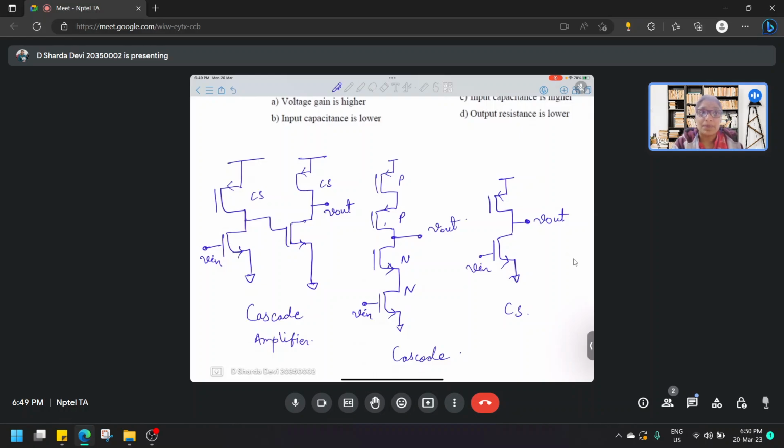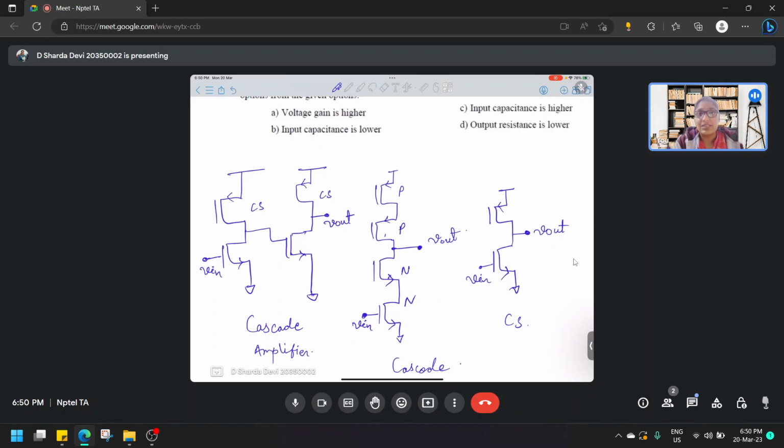What do we mean by Miller capacitor? A capacitor that is connected between input and output node. But here, since input and output nodes are far apart, we'll not see any Miller capacitance effect.